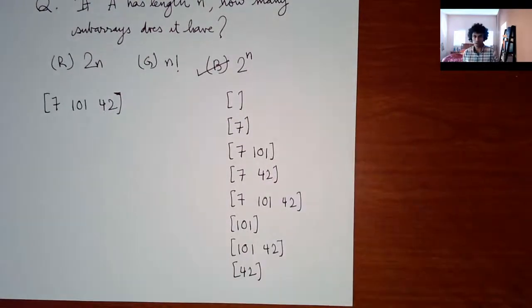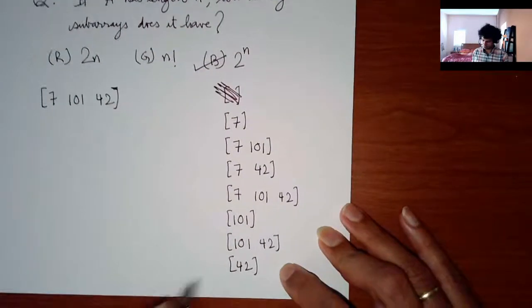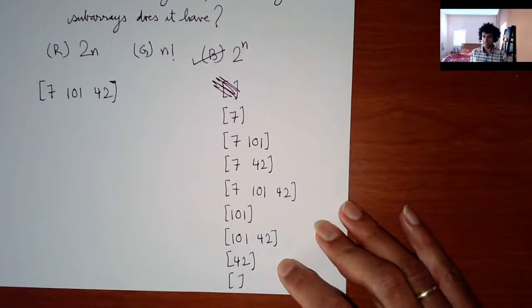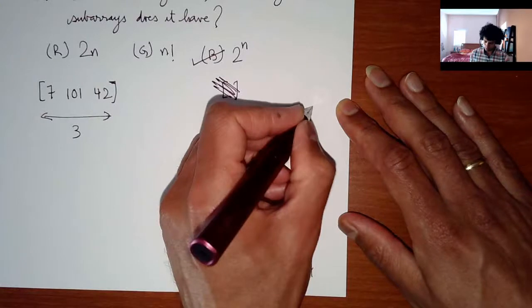How many do I have here? 8 total. The number of elements is 3, and the number of these is 2 to the 3, 8.